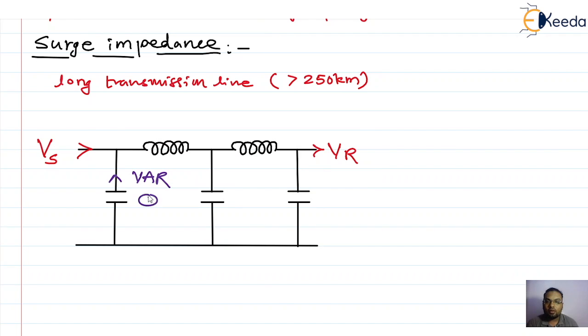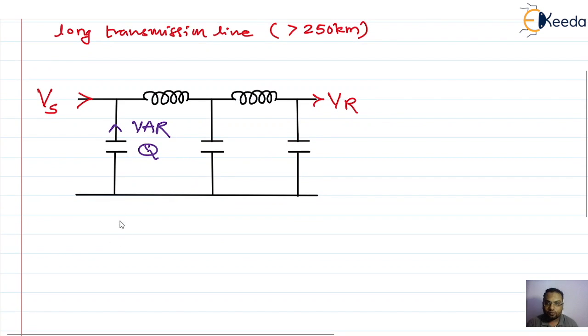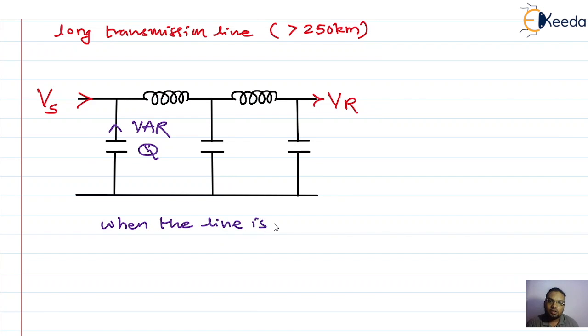VAR is nothing but the reactive power. So when the line is charged, we can say that the capacitor will be generating the reactive power, and that reactive power will be consumed, or absorbed, by this inductor.